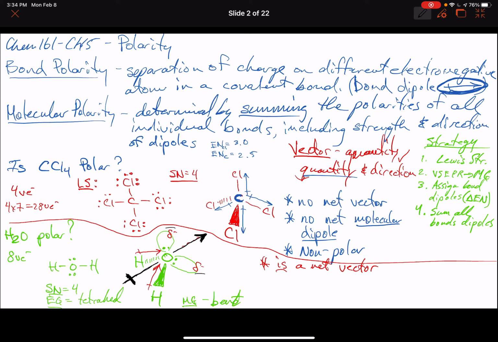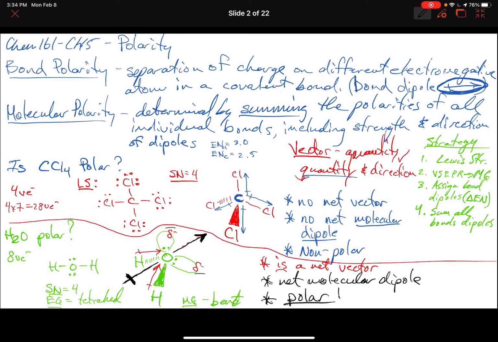So we've just drawn the net molecular dipole. And if we're able to draw that, we know that there must be polarity. So this molecule is polar.